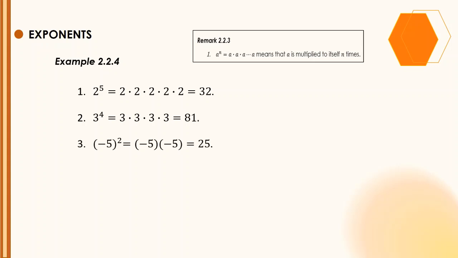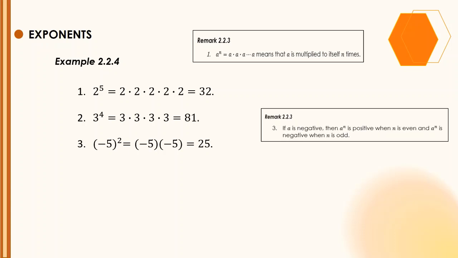Number 3 is quantity of negative 5 squared. Take note, may quantity dyan, yang bracket. Meaning, i-multiply natin ng 2 beses ang negative 5, kasali yung negative niya kasi may bracket. So, negative 5 times negative 5 which is equal to 25.